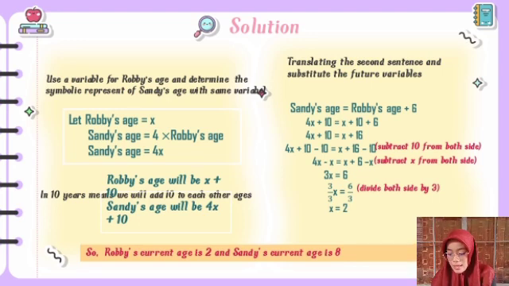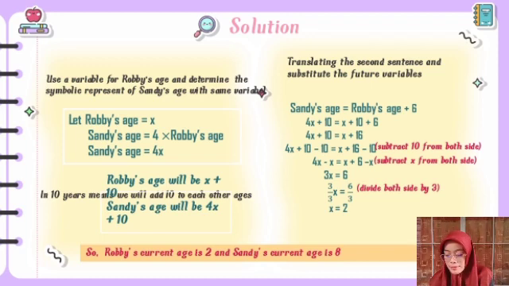So 4x plus 10 equals x plus 10 plus 6. So 4x plus 10 equals x plus 16.